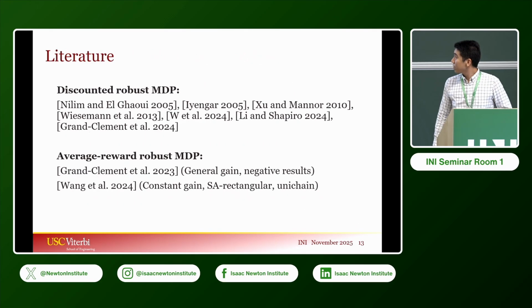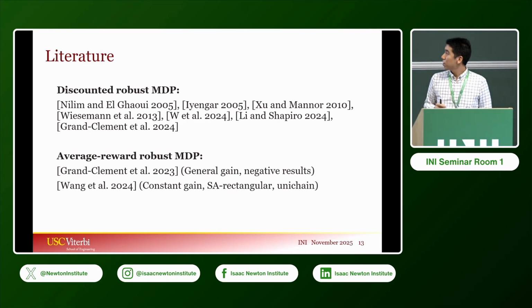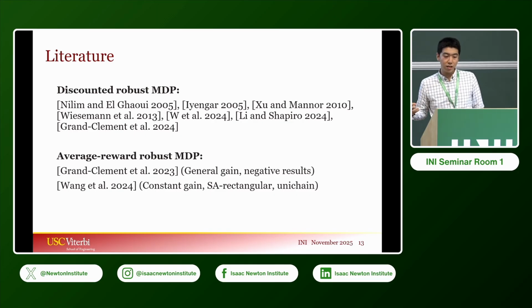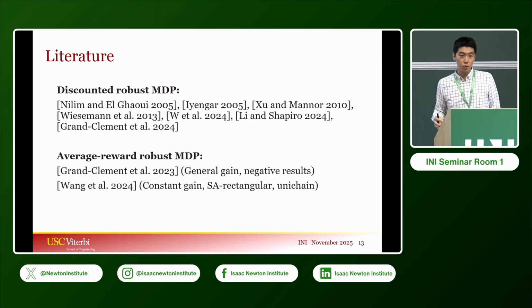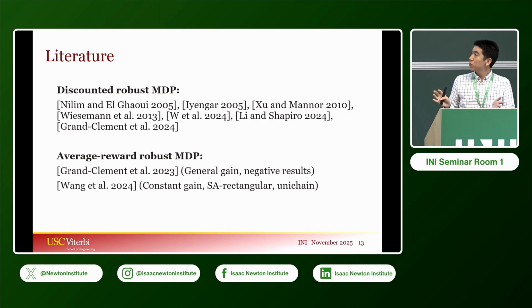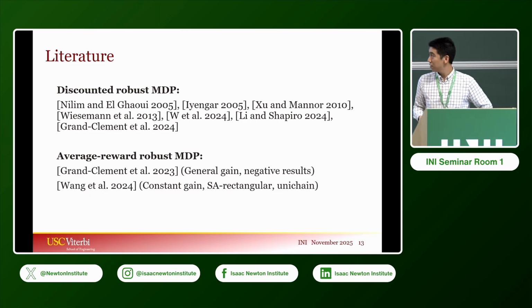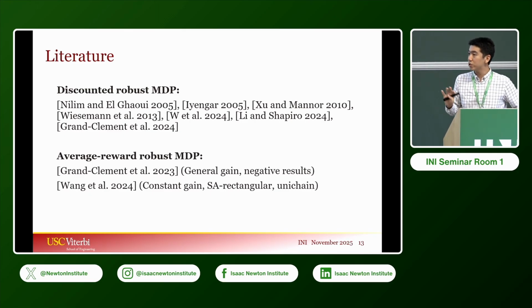So let me also connect our result with work in the literature. Unlike the average reward setting, the discounted robust MDP literature has given us relatively complete answers to dynamic programming questions. In particular, all of these works in the past 20 years provide almost a complete answer. There are some remaining interesting questions to be discussed, but the current literature is quite satisfactory for the discounted case.